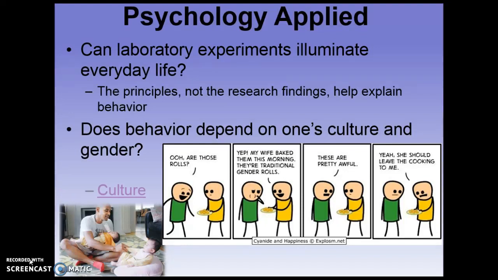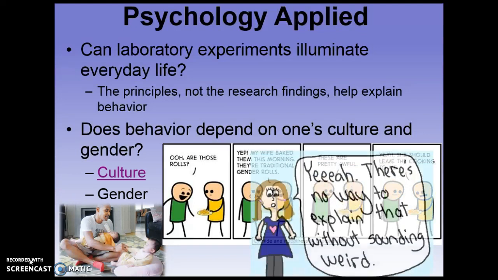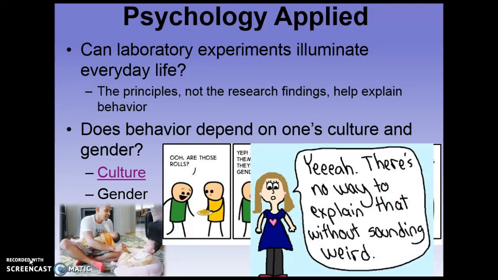WEIRD is Western, educated, industrialized, rich, and democratic, which tends to be the countries that get research done. What can that really tell us about people in general?